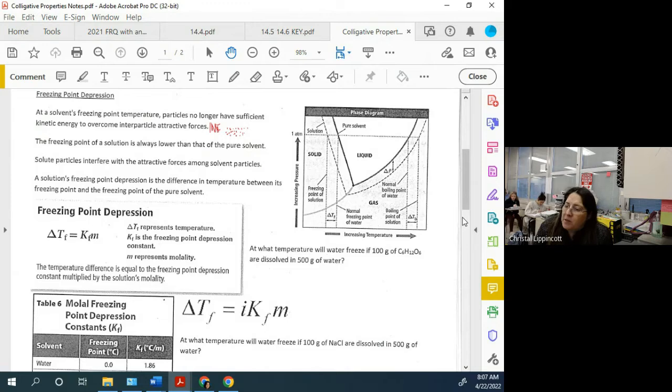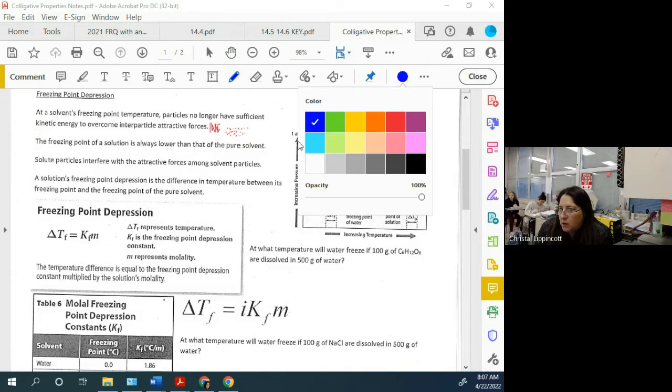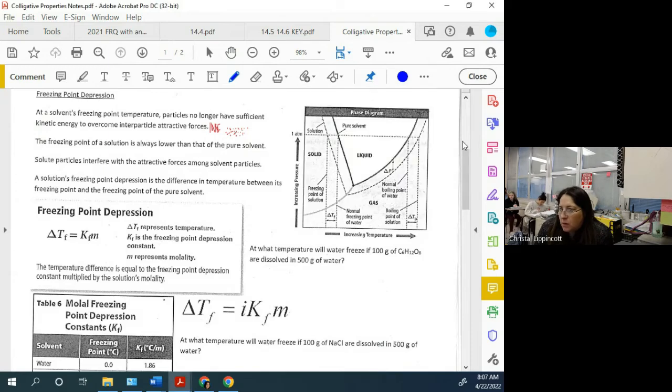What happens then, like if we have a sample of water, if we put salt in that, okay? So now we're going to go through and we're going to put some salt in here. Okay, if we put salt in there, that's going to interfere with those IMFs.